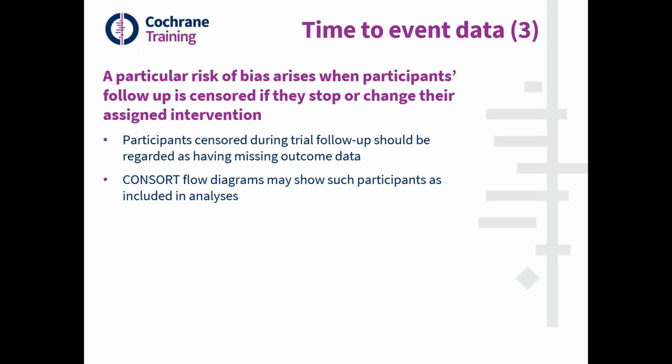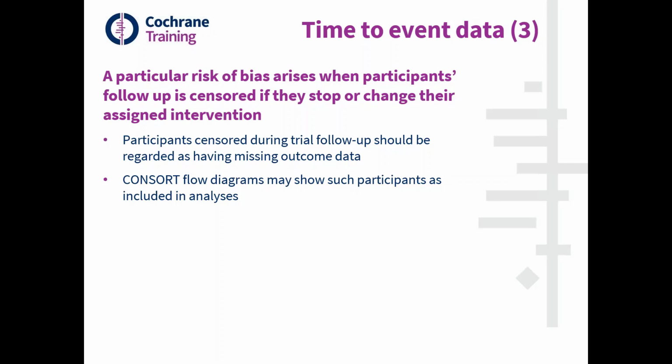So if there's a protocol deviation, what we would like the trial authors to do is to carry on following the participant and measure the outcome at the end of follow-up. That's the right thing to do, and if you then do an intention to treat analysis, there may well be no bias in the intention to treat effect. For example, a participant stops adhering to intervention, they've deviated from the trial protocol, you just follow them up, you measure the outcome, and you conduct an intention to treat analysis.